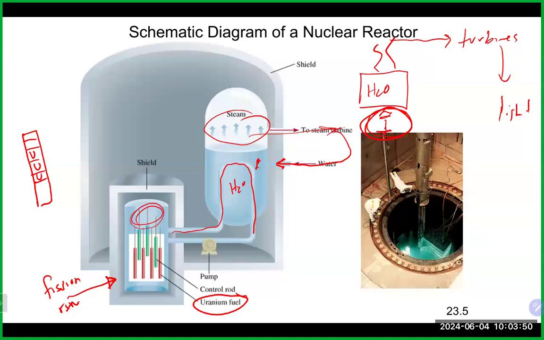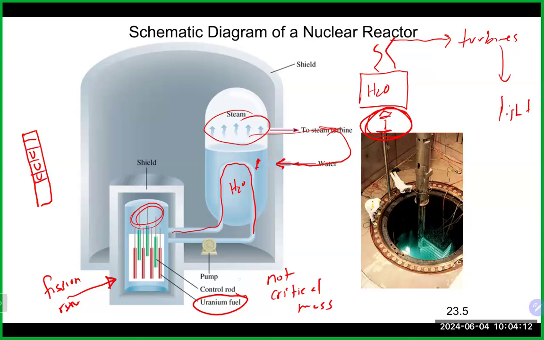So why does this reaction not go out of control and make a chain reaction? There's a couple of safety things that are put into place. One of them is they try not to use a critical mass of uranium. They use a non-critical mass of uranium, which keeps the reaction under control.